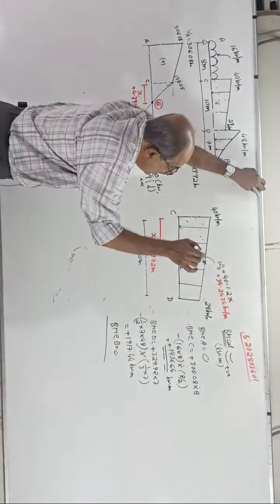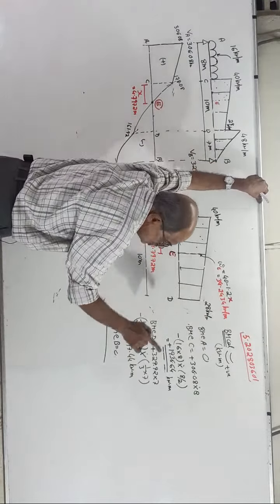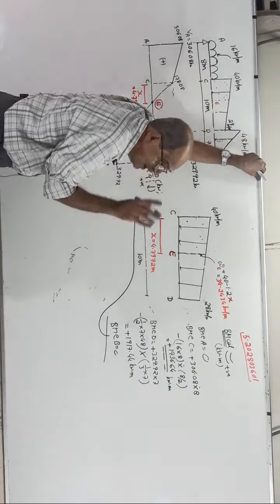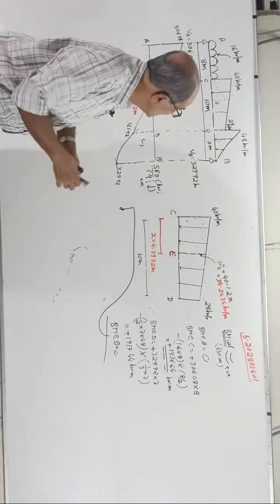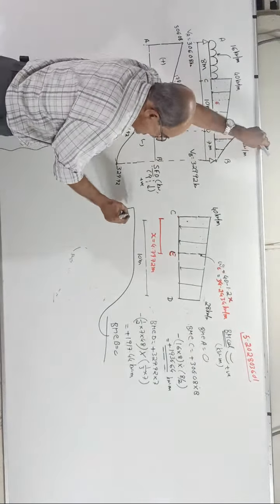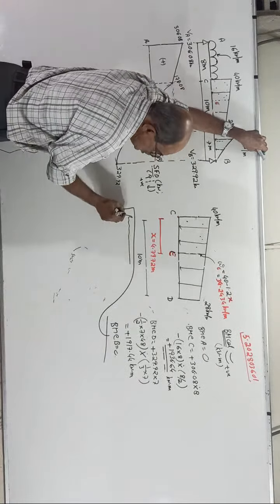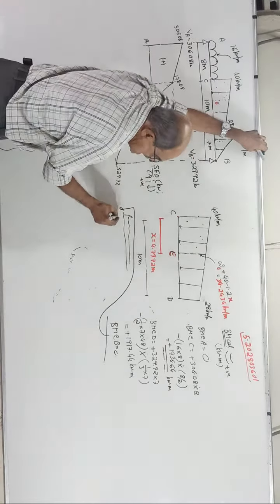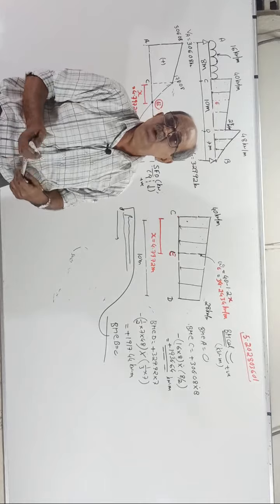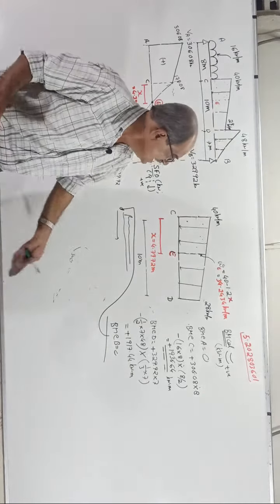Now, see, all BMs are over, not over, right here. Every standard point BM is over. Apart from the standard points, to complete the BMD, we also need the BM at that point where shear force is 0. If it is a known point, it is already over here.